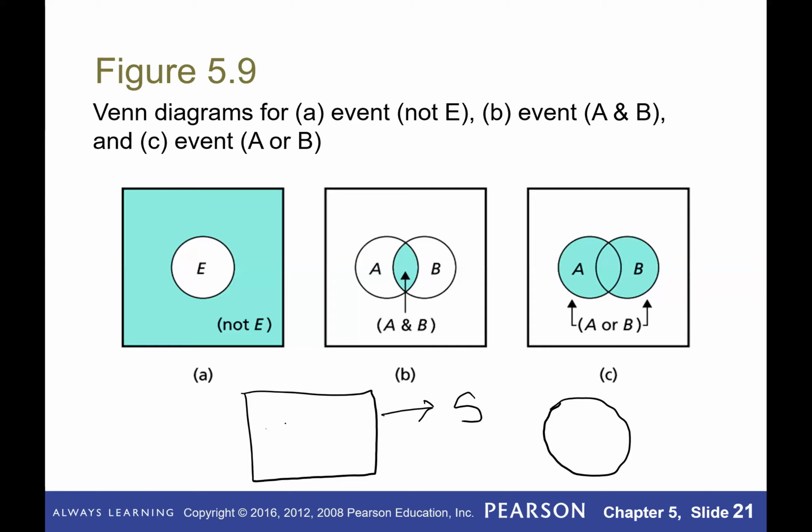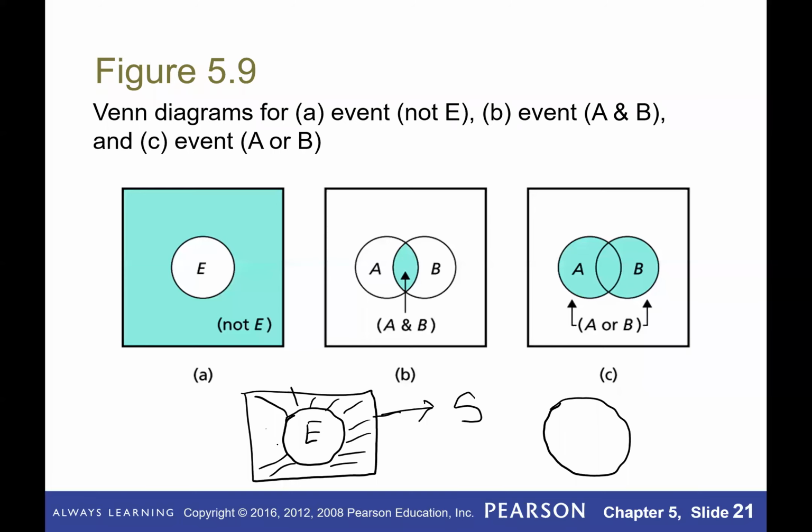If E is an event, this diagram means this rectangle is the sample space, and this circle inside the rectangle is a subset, right? Because this is inside the sample space. So this is a subset of S. So this is an event. E is an event. And we shade the outside region.